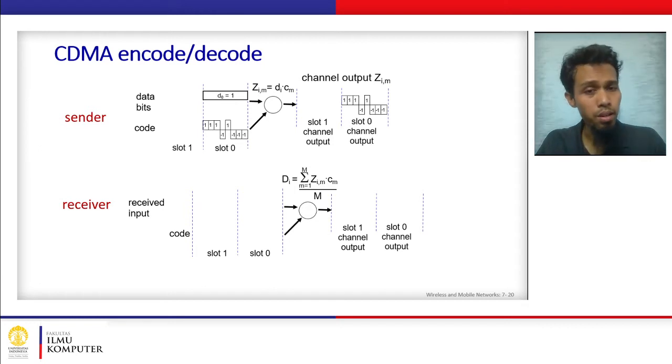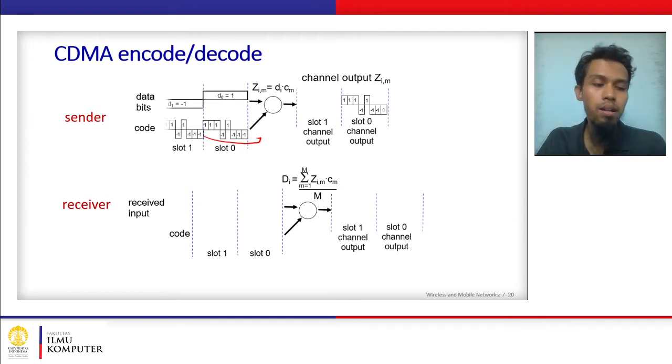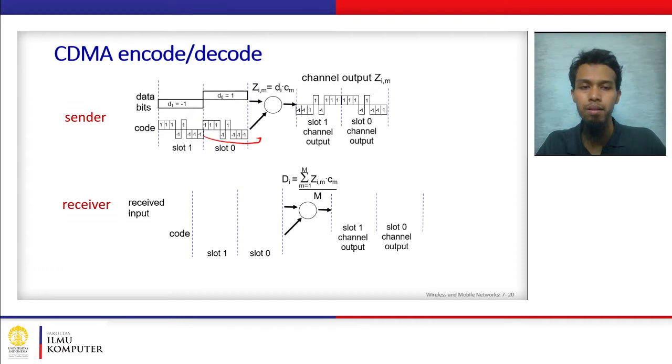We just take the inner product one by one. 1 times 1 is 1, 1 times 1 is 1, and so on. So we end up with the same sequence as the chipping sequence, because we are multiplying it with 1. And if we send minus 1 instead of 1, then we have the opposite of the chipping sequence: minus 1 minus 1 minus 1 1 minus 1 1 1 1.